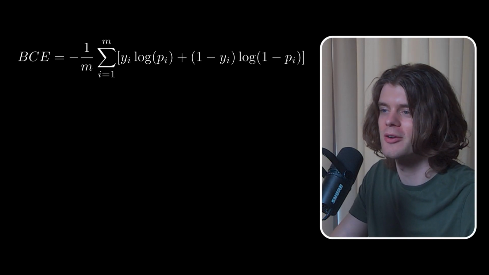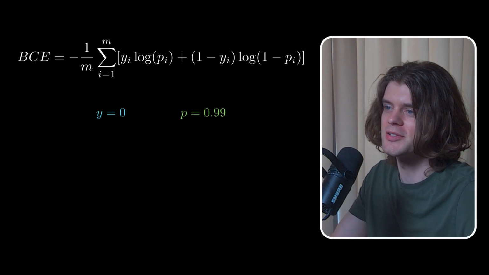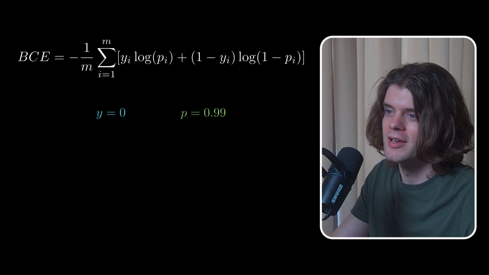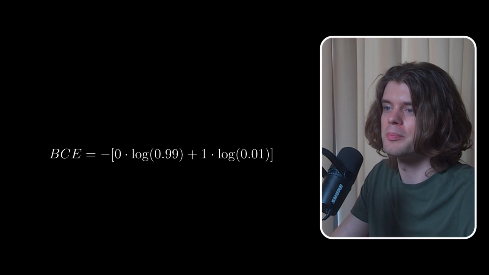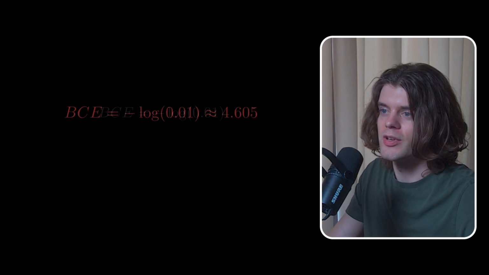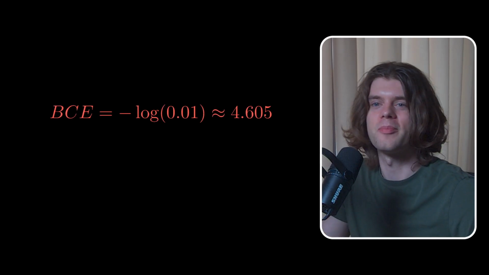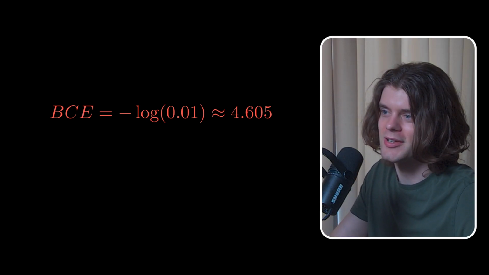And now imagine the model shouts, It's definitely a cat with 99% certainty, but the label is 0, so it's a dog. So plug in y equals 0 and p equals 0.99, and we get 4.6. So that's an order of magnitude bigger than any previous loss.